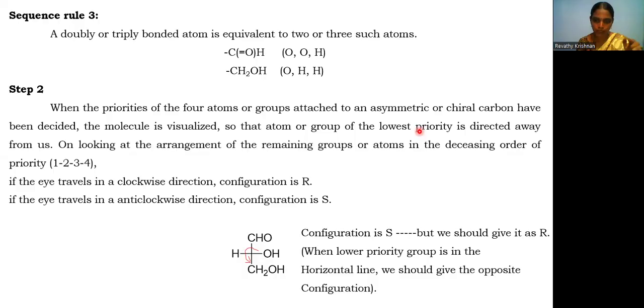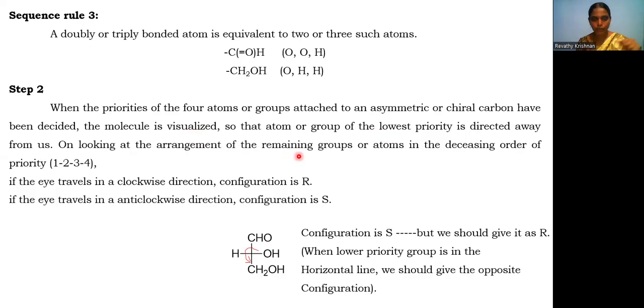So when we are looking at the molecule, we have to look at the arrangement of the remaining atoms. Among the four atoms, the fourth priority group is away from us, and the remaining three priority groups we have to visualize.